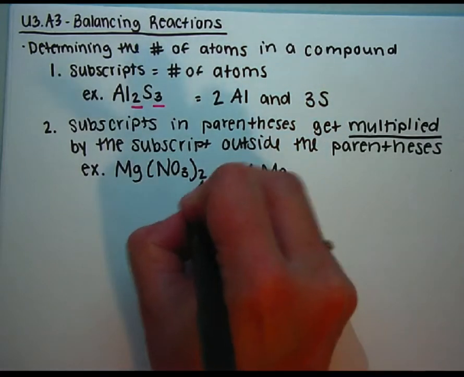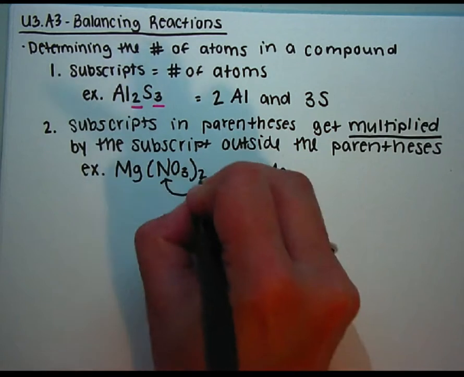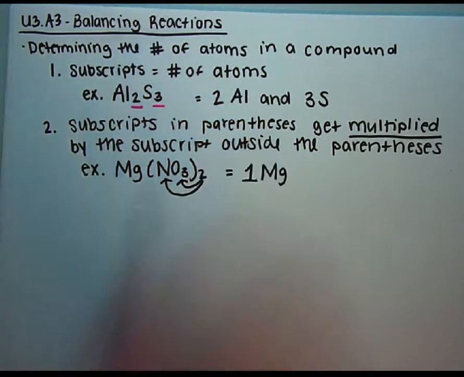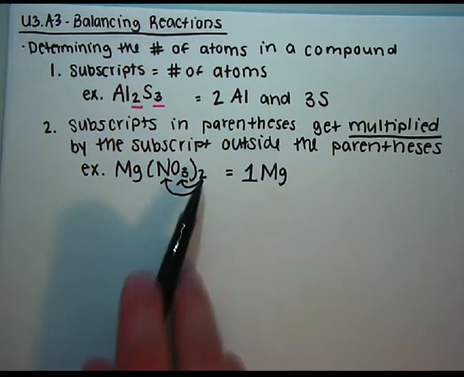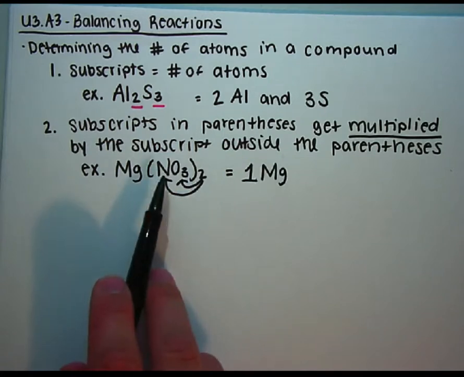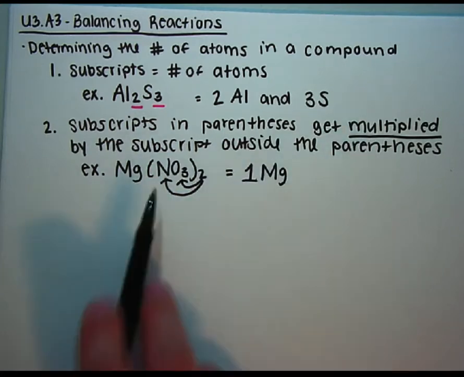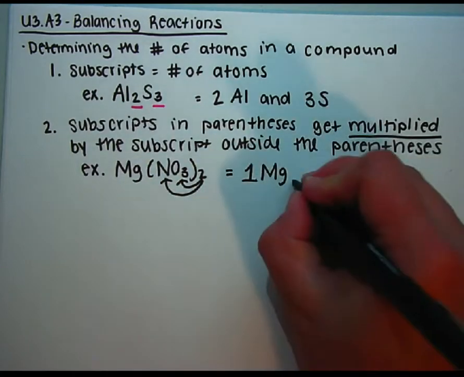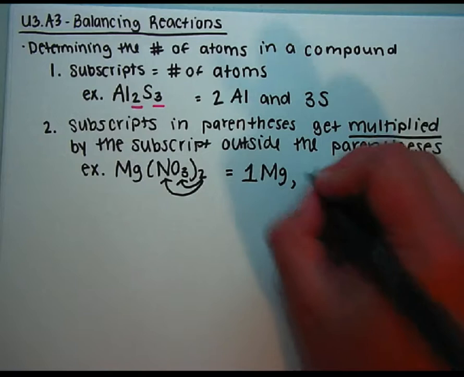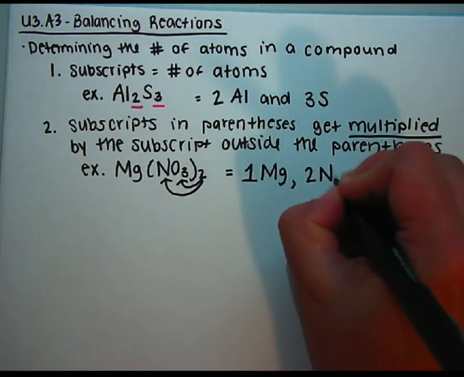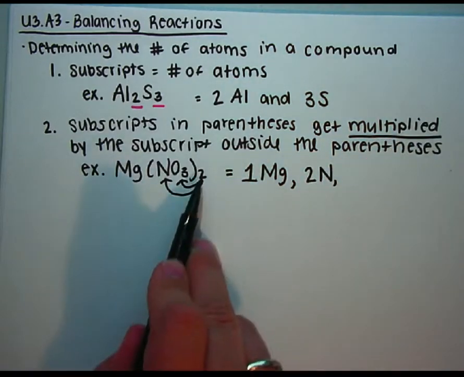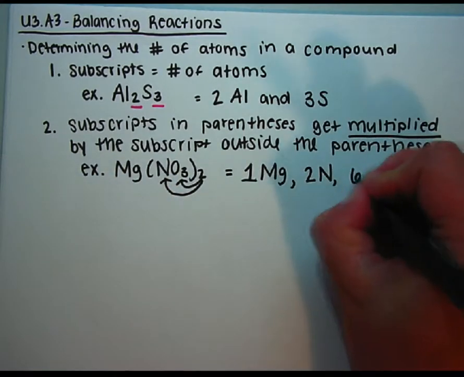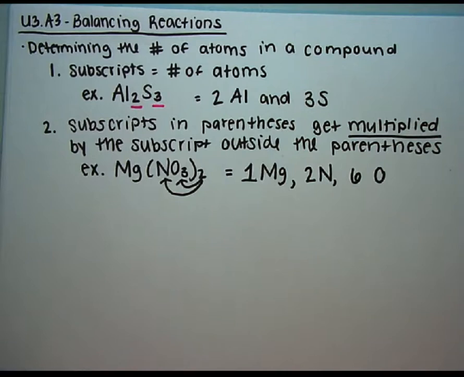This 2, just like in math, gets distributed to everything in the parentheses. So the 2 goes to nitrogen and gets multiplied in. I have 1 nitrogen, 2 times 1 gives me 2. Again, this 2 gets multiplied in. I have 3 oxygens times 2, which gives me 6 oxygens.